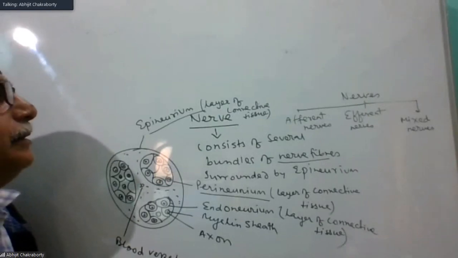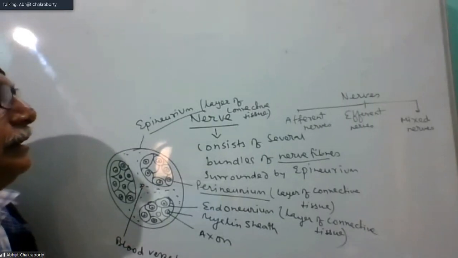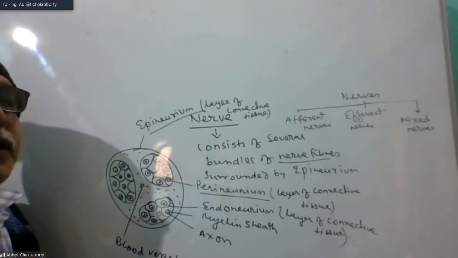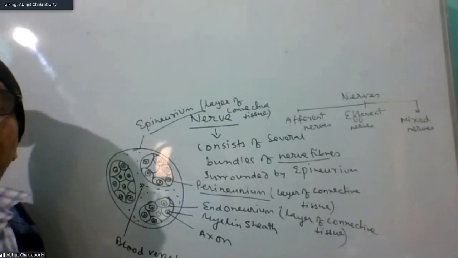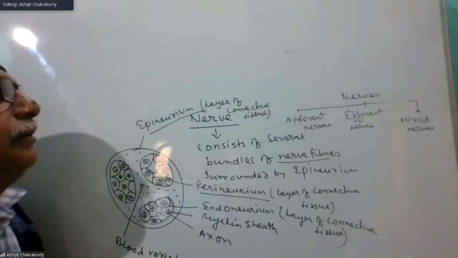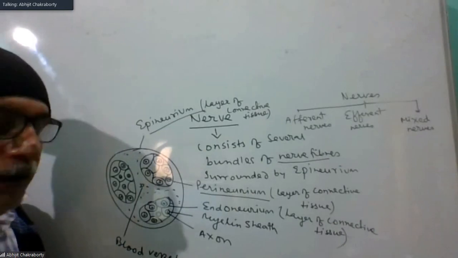You need to remember these things. Afferent nerves are made of sensory neurons, efferent nerves are made of motor neurons, and whenever a nerve is made of both sensory and motor neurons, it is called a mixed nerve. I'll give you an example.